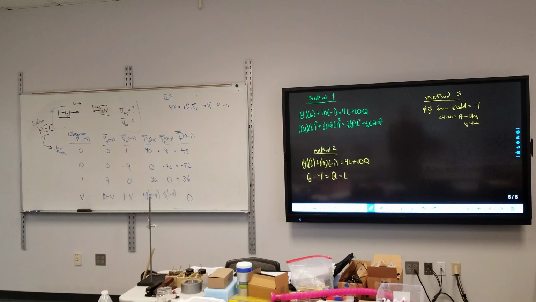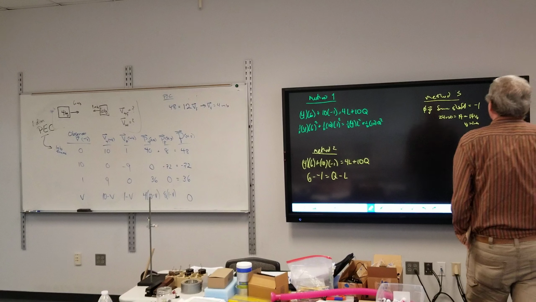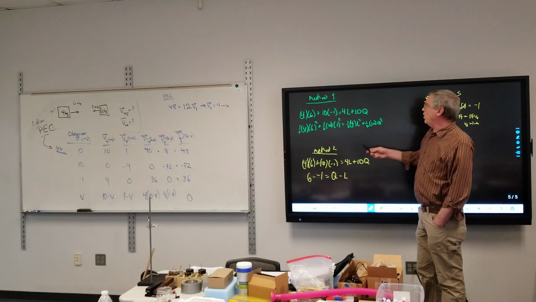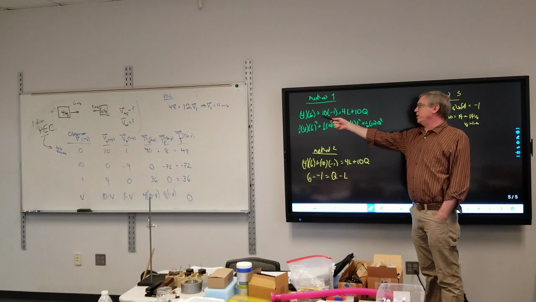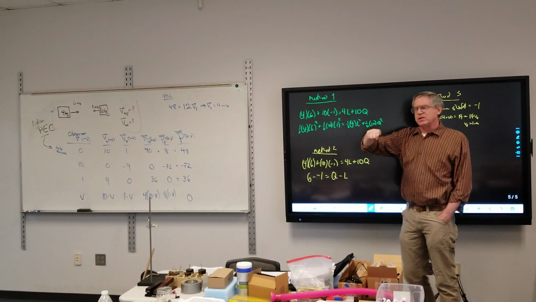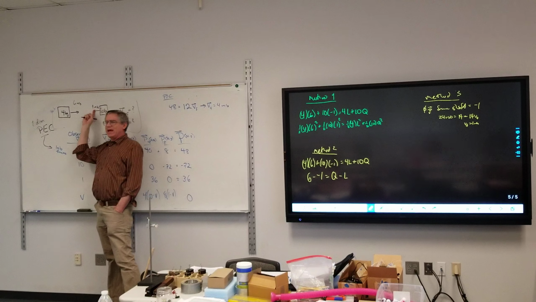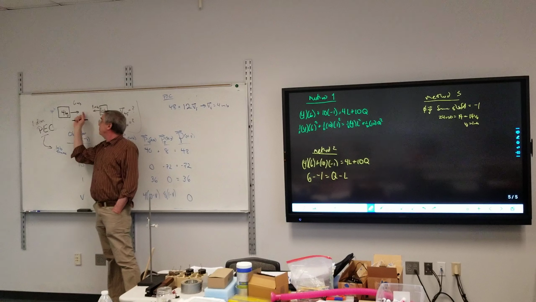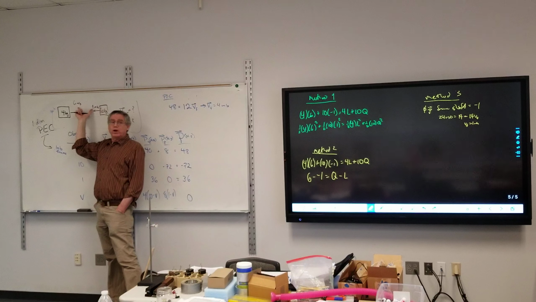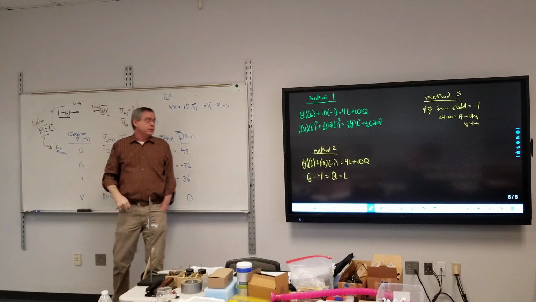All right, let's talk as a group here. Method 1, this is the conservation of momentum equation. The biggest mistake I saw walking around were people putting down 1 meter per second instead of negative 1 meter per second. Or if you want to make the other direction positive, that's fine, but these two are in opposite directions, so one of them is positive, one of them is negative.